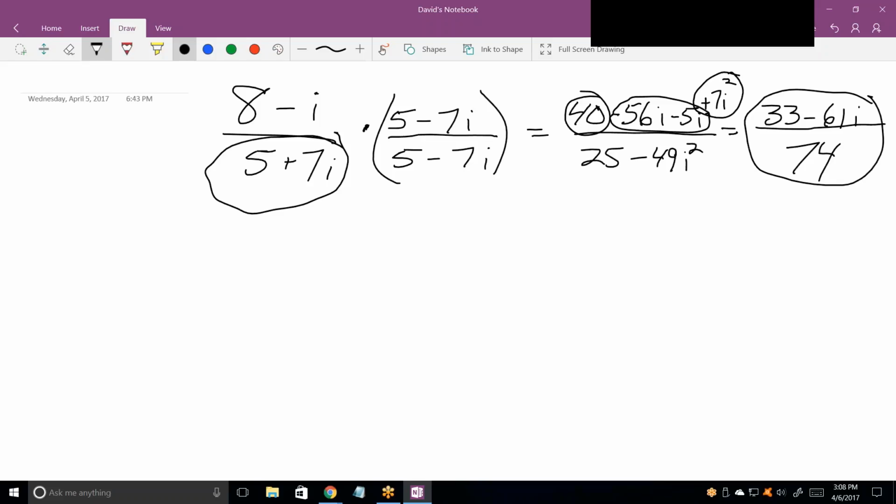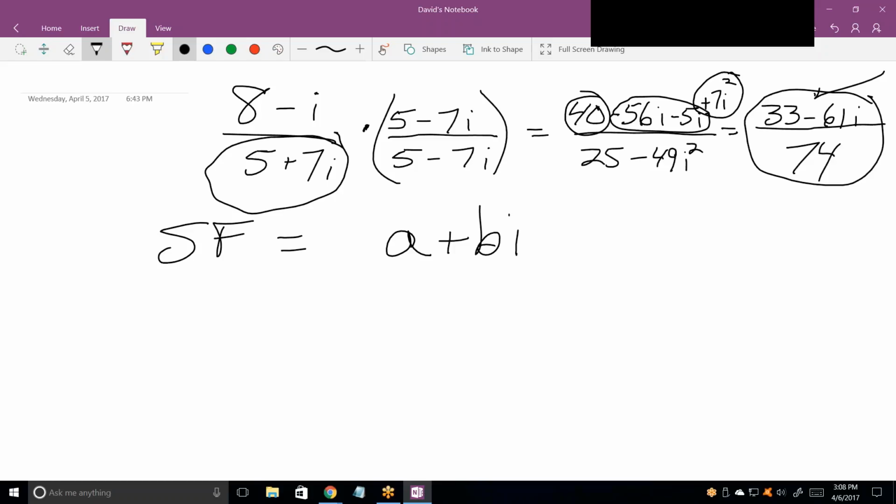Okay. Now, there is such a thing as a plus bi format. This is the standard format for a complex number, where a is a real number, b is a real number, but it's the coefficient of i. So sometimes, I don't know whether your class or teacher is okay with that as a final answer or not.